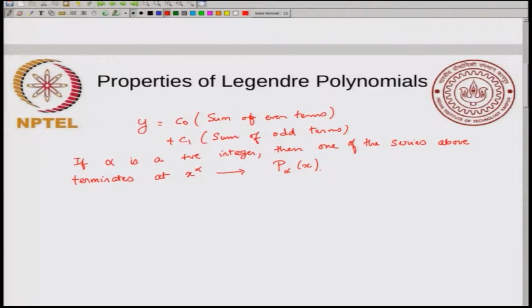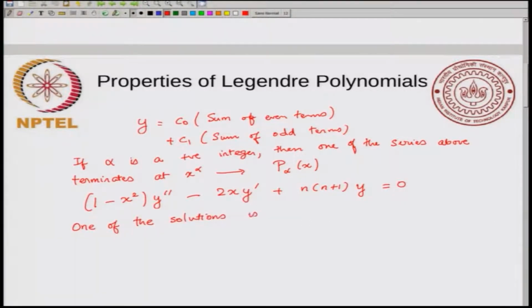So, in other words, if you had a differential equation (1 minus x squared) y double prime minus 2x y prime plus n(n plus 1) y equal to 0, then one of the solutions is P n of x.